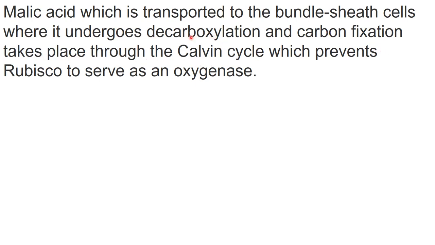Due to that decarboxylation, carbon dioxide is released here, and that carbon dioxide can be utilized for the Calvin cycle. So more carbon dioxide will be available there for the enzyme Rubisco, and it prevents Rubisco from serving as an oxygenase.